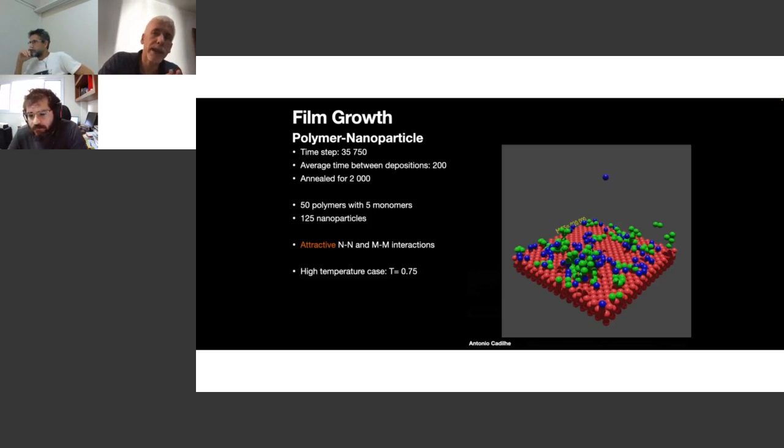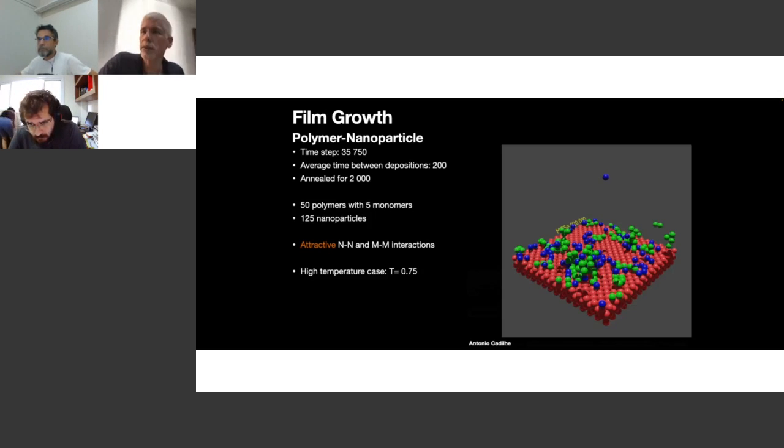As far as I see, the competing time scales between them and the polymers are the most relevant ones, and also the time scale for them to detach from the substrate.